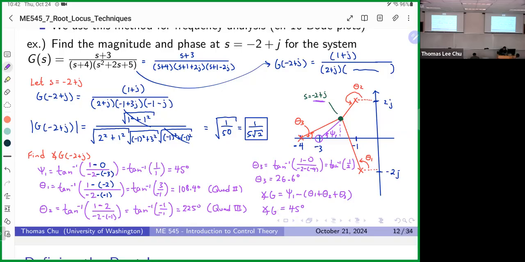Or actually, I think it's exactly 45 degrees. All right. So that's how you find the angle, and we got the magnitude. This is actually going to come back in chapter 10, but we're also going to use this method right now to help refine the sketch for root locus. Any questions?